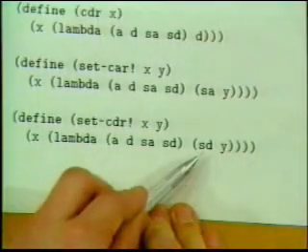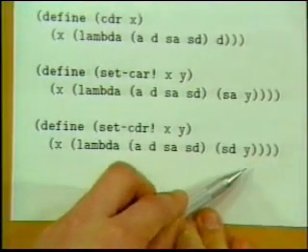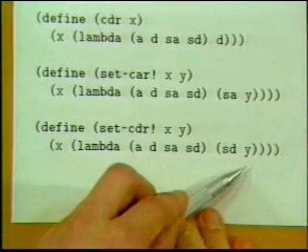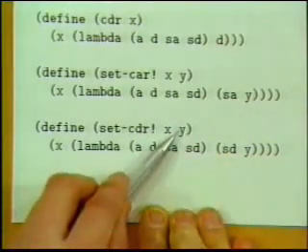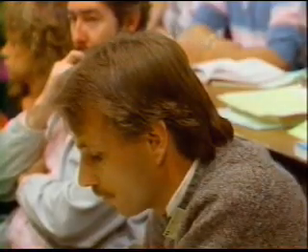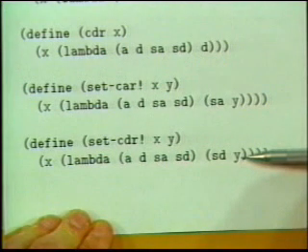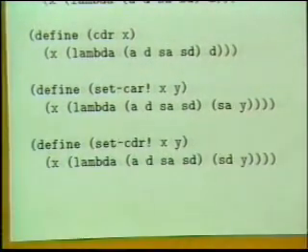When I use SD, I apply it to y, right there. So that comes from this. So the n that was here is the y which is here. How's that? Right. Okay.